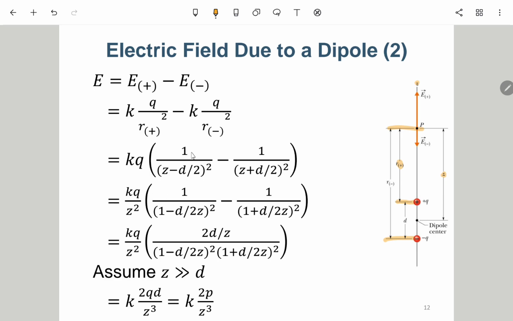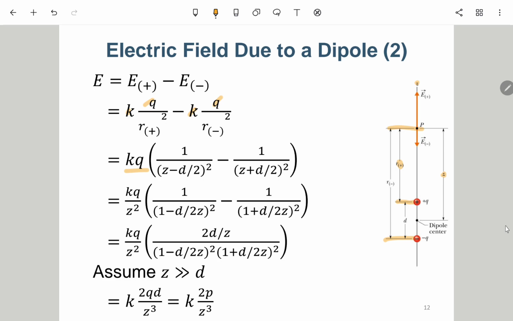Now we try to factor out kQ, and then express r plus and r minus in terms of the known variables z and d.